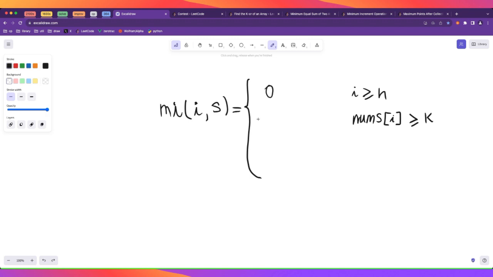We just move on to the next element, and whatever streak we were accumulating, we reset it, because we found an element that breaks the streak.